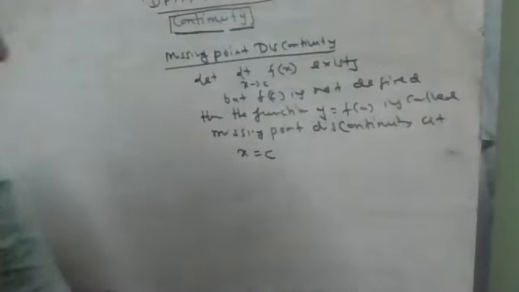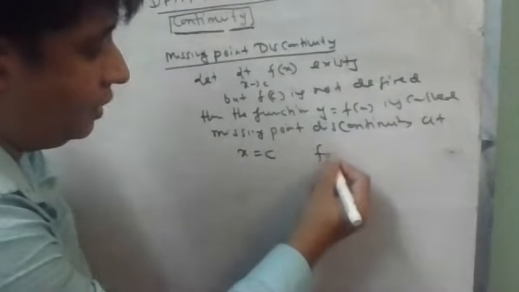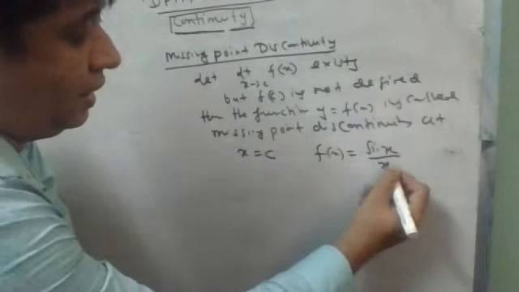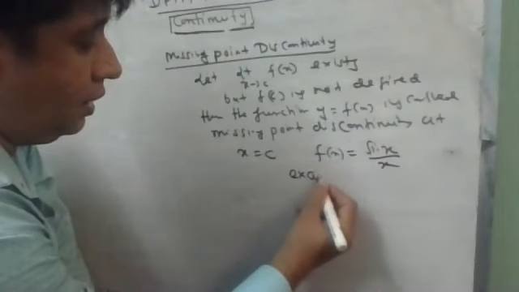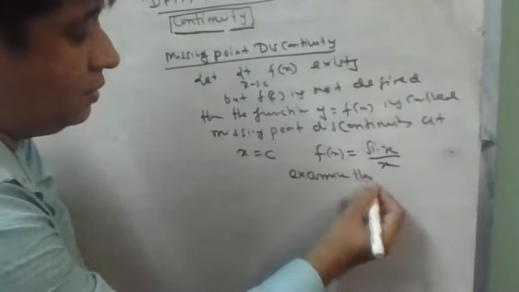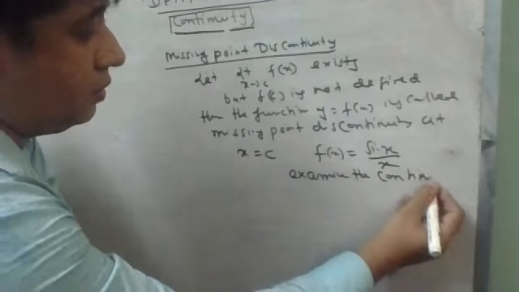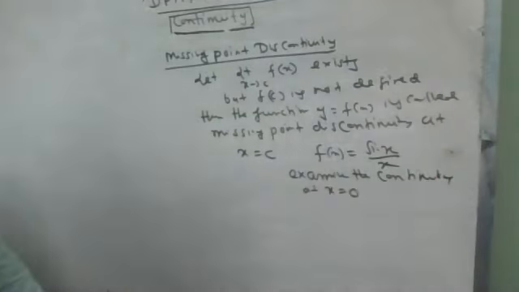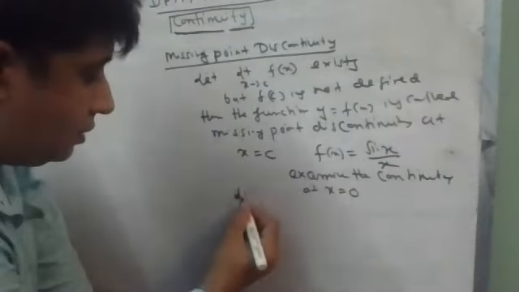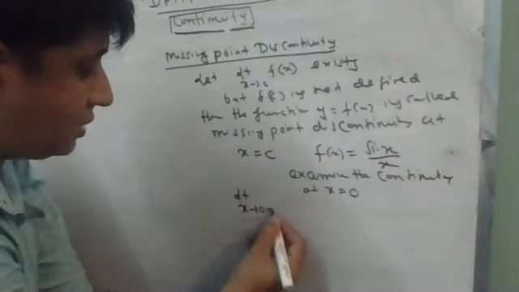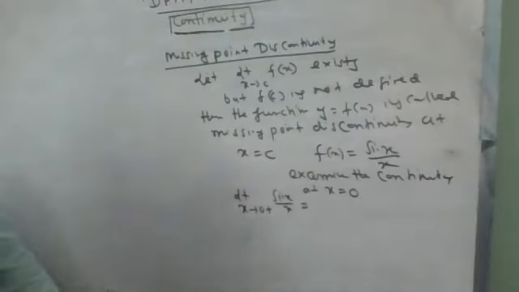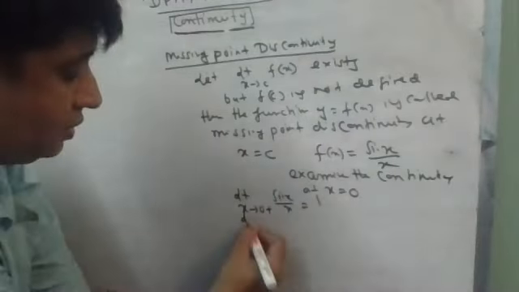For example, say f(x) is equal to sin x by x. Examine the continuity at x is equal to 0. See, limit x tends to 0 plus sin x by x will be 1.